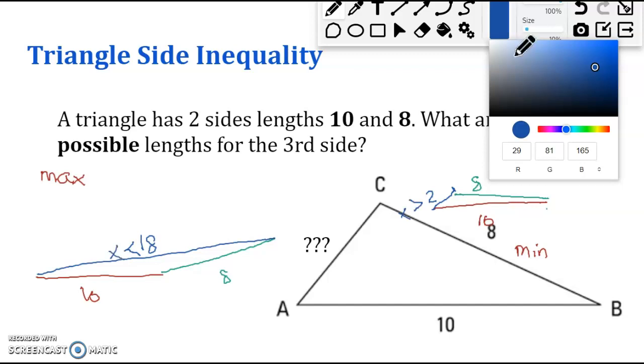So if x is the length, it has to be somewhere between at most 18, not including 18, but at least 2. So it has to be bigger than 2 but less than 18. That's the length.